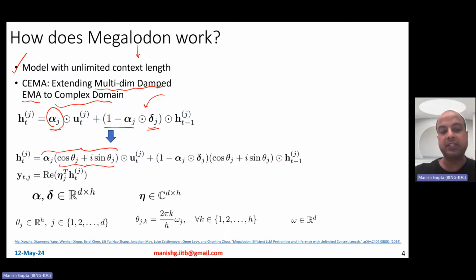Now, cos theta j plus i sine theta j is a matrix representation where your thetas are defined like that. So you'll have a theta per dimension, 1 to d. If the input was n cross d, for each of the dimensions there is a number theta.